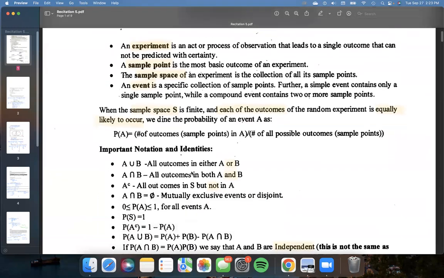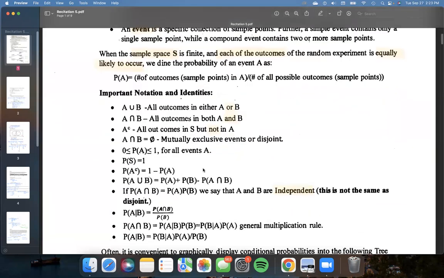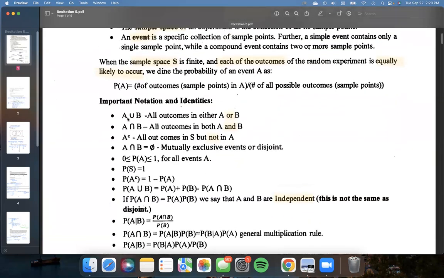All right, so some important notation and identities. A union B is all outcomes in either A or B. So when we have a union, we have or. A intersect B is all outcomes in both A and B. So for intersection, think and.